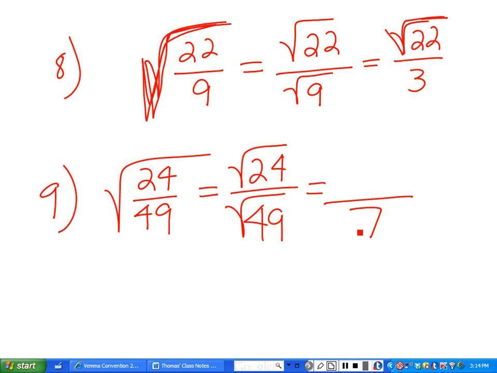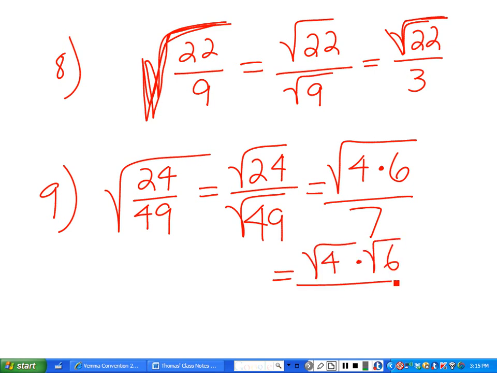However, the square root of 24, does 24 contain a perfect square factor? Yes, it does. It is 4. So 4 times 6. Now I can break up the radical in the numerator as the square root of 4 times the square root of 6, all divided by 7, which equals 2 radical 6 over 7.